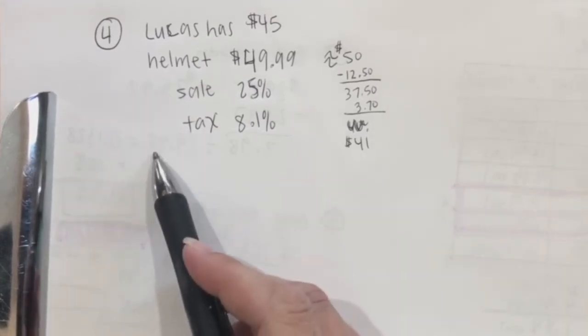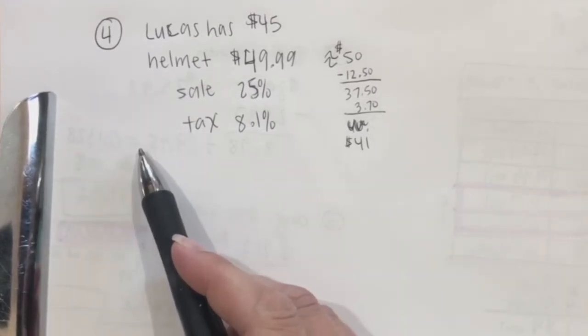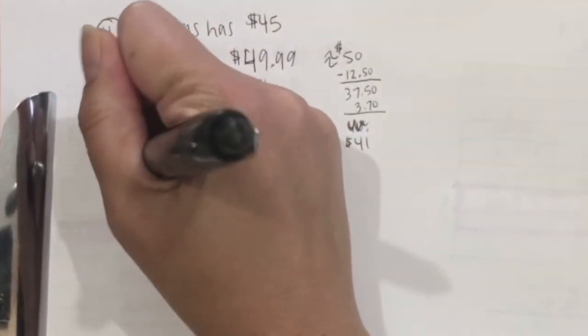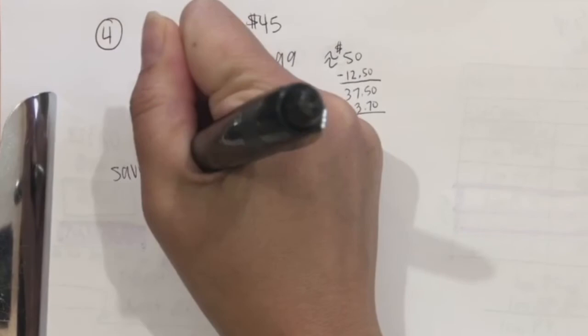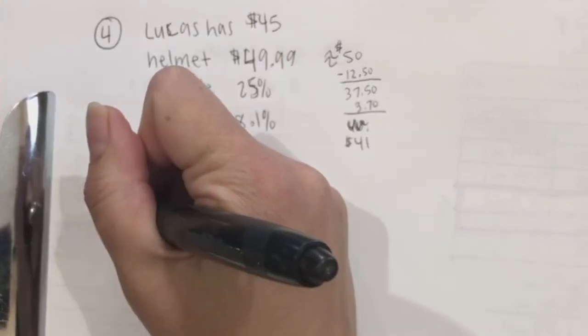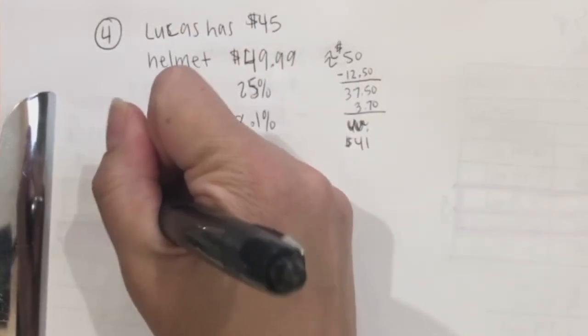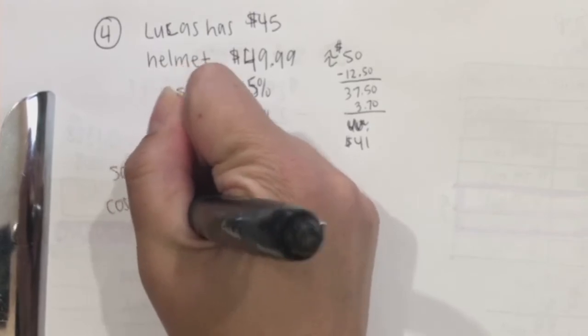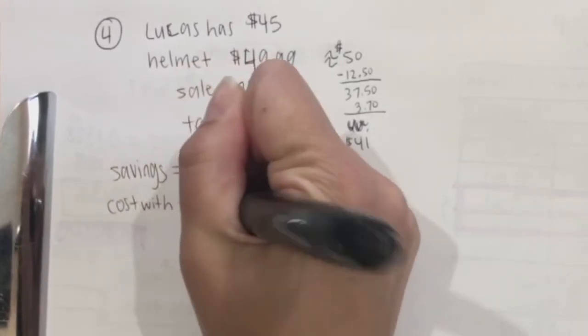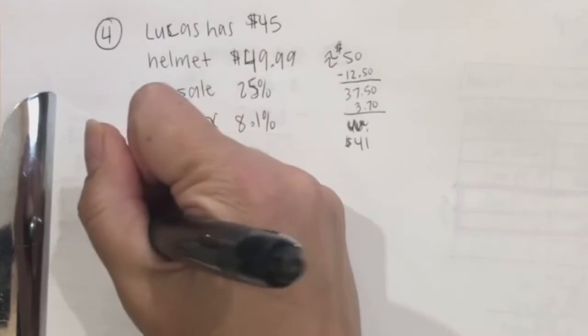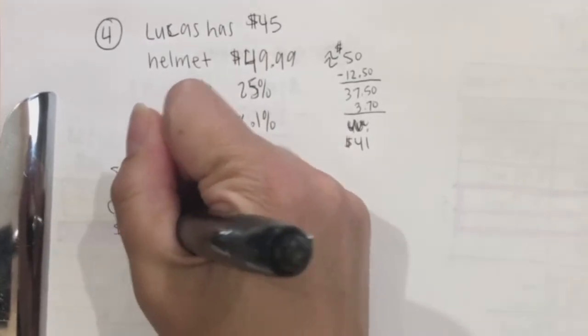Let's go ahead and write down what we need to give for our answers. How much will he save? Savings. Then cost with tax. And then money left over.